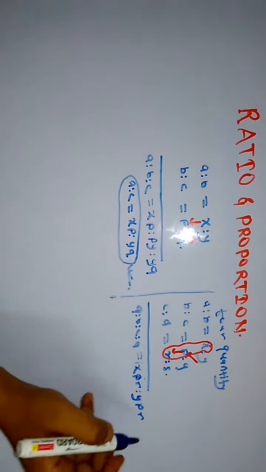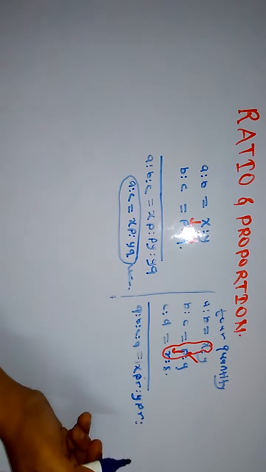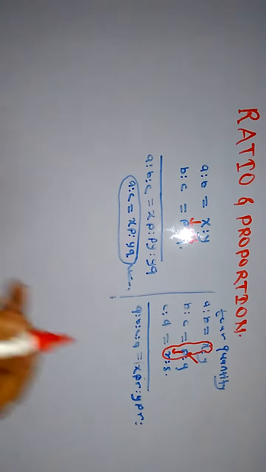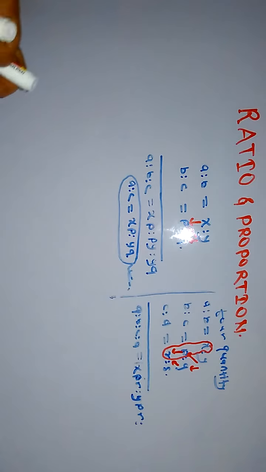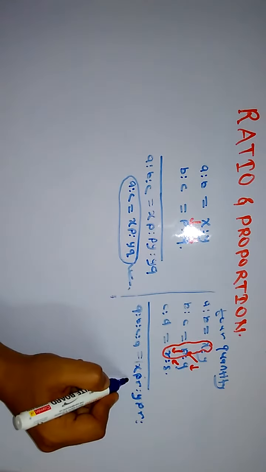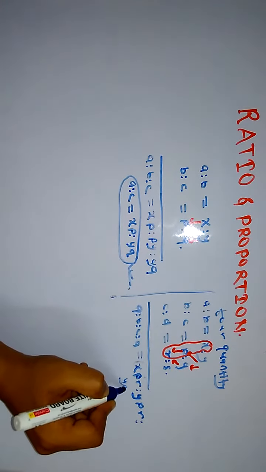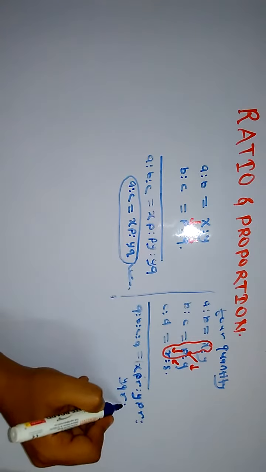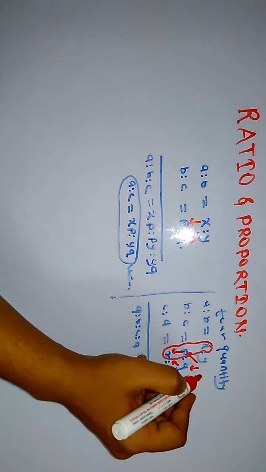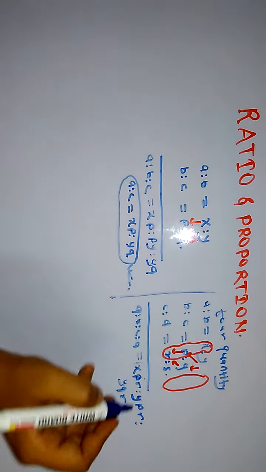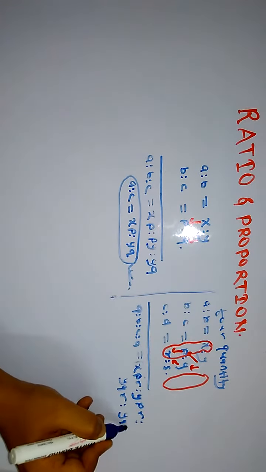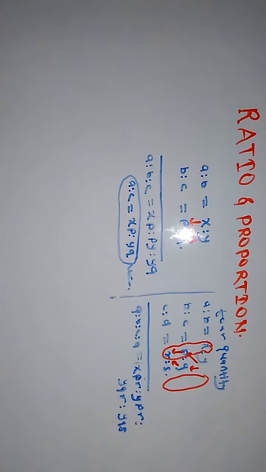Okay, and then multiply this with this. So you will get y q r, and then after multiplying all these column elements, you will get y q s. So this is the ratio.